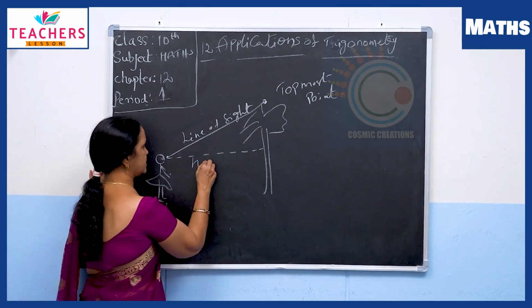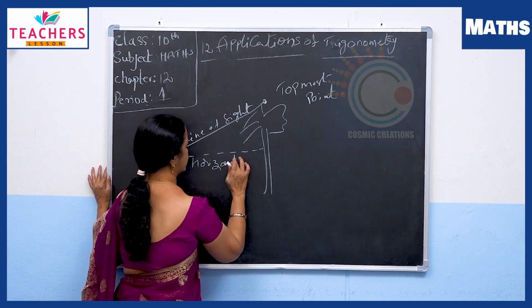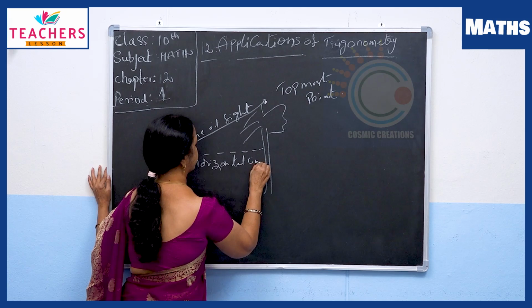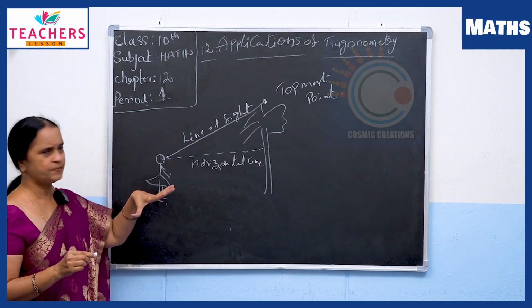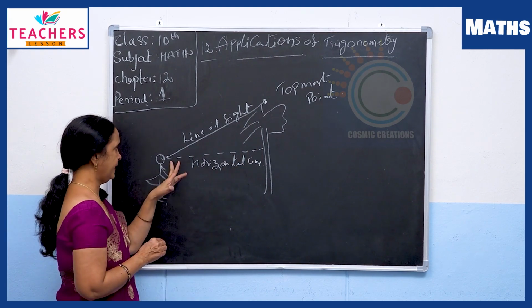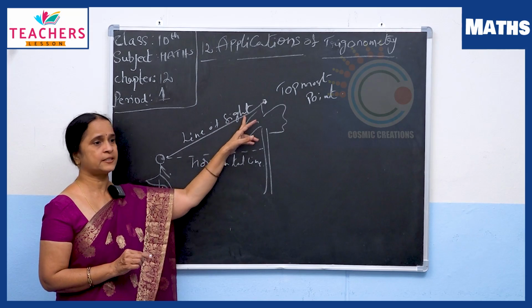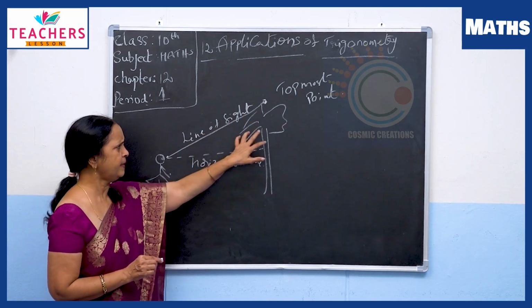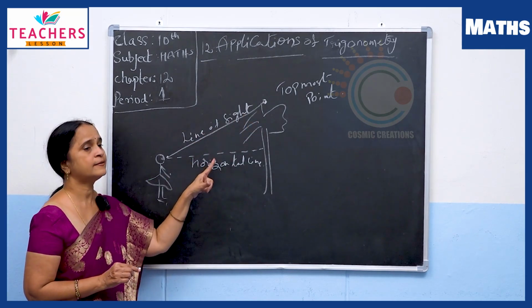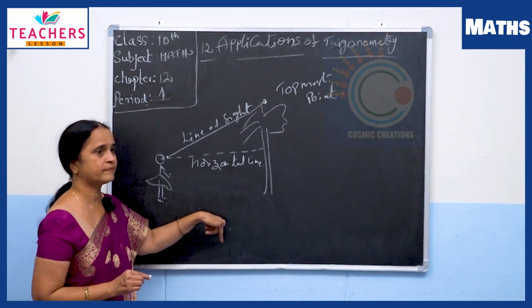This is the horizontal line. If you observe, the tree, this horizontal line and the line of sight make a right angled triangle.